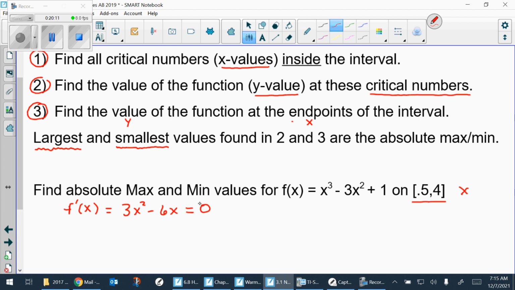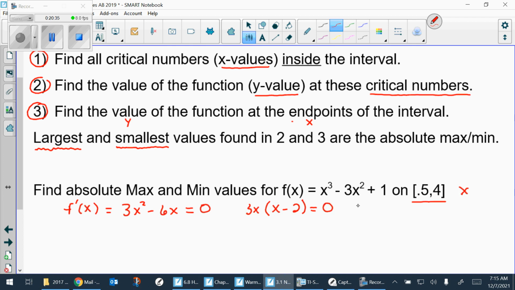Well, what's your strategy for that? And if you're thinking, I'm going to factor this, well, good choice. I might factor out a 3x and say, if I multiply that by x minus 2, I'm interested in where this factored version is equal to 0.